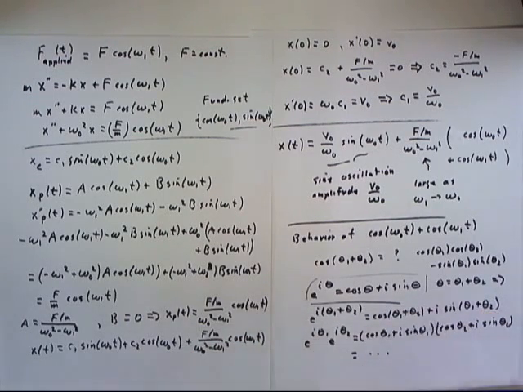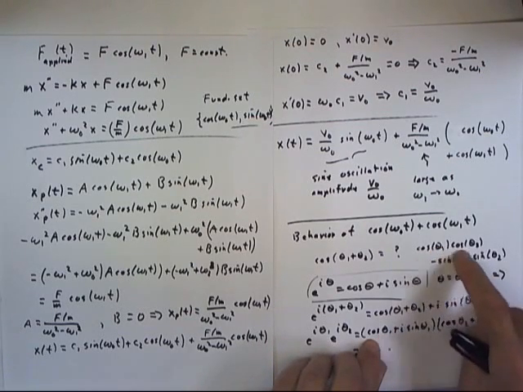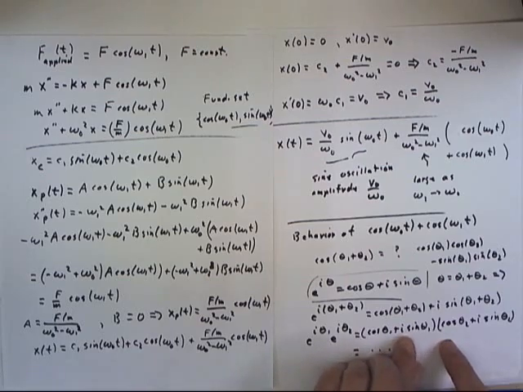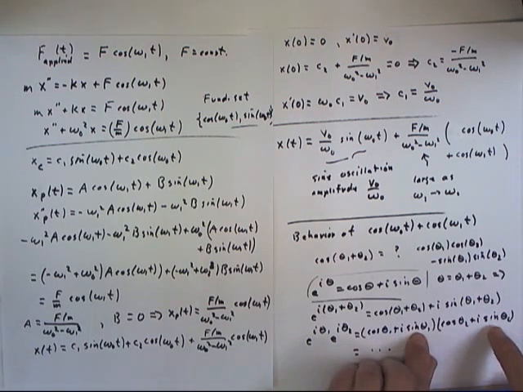It's very easy to see what the real part is. The real part is going to be cosine theta 1 cosine theta 2, which is what I wrote down here. And the imaginary part of I sine theta 1 multiplied by I sine theta 2 is negative sine theta 1 sine theta 2, which comes up here.